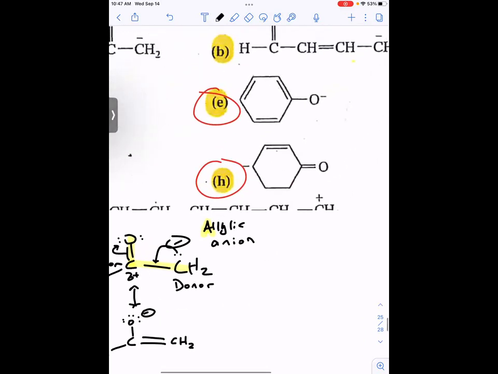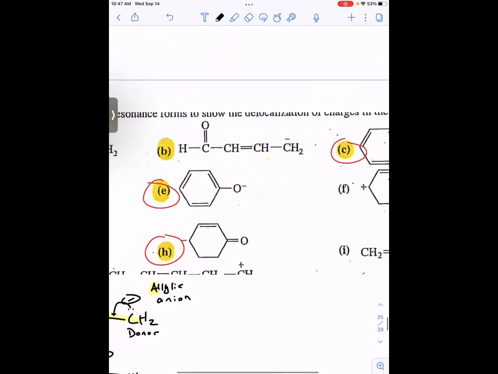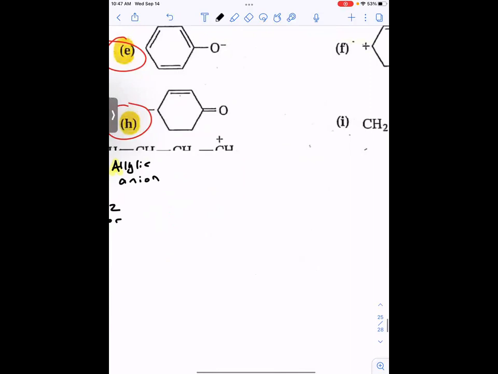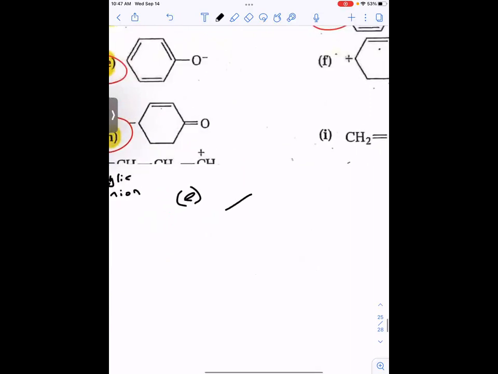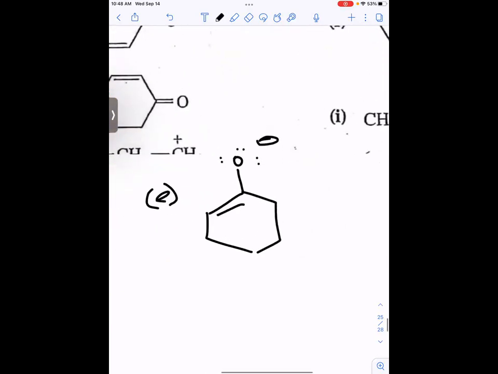All right, we've got 3 minutes left. Let's do E. E is a good one because it's an extended example. It's not as hard as it looks. It's actually fairly easy once you identify the pattern. So what pattern does that fall into?